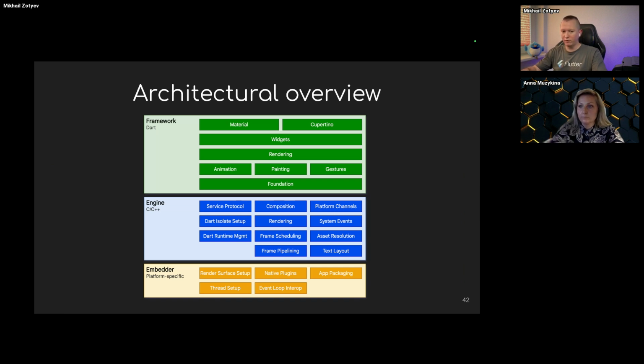So first of all, our application works on top of Flutter. Flutter by itself has 3 layers, and our application works even higher than those 3 layers. Those 3 layers are: embedder, engine, and framework.